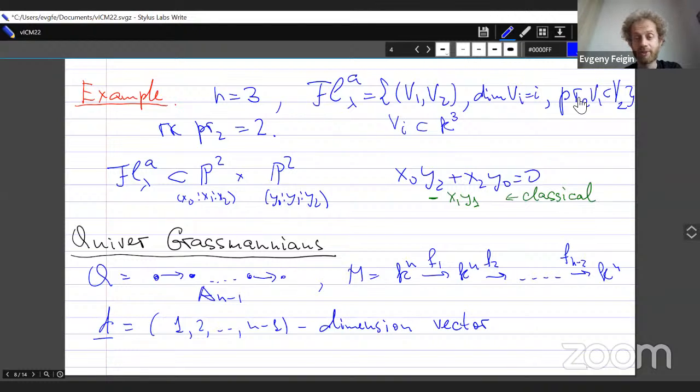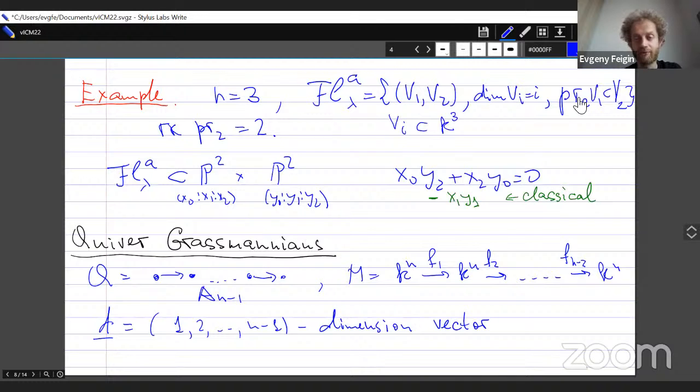And a representation of this quiver is a collection of vector spaces. Let us take a very, very special case, where all vector spaces are of dimension n. There are also maps between these vector spaces, f1, f2, up to fn-2.